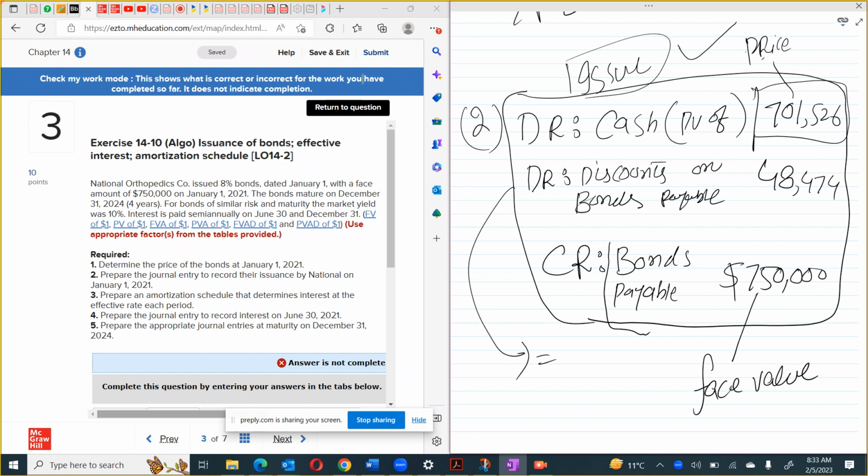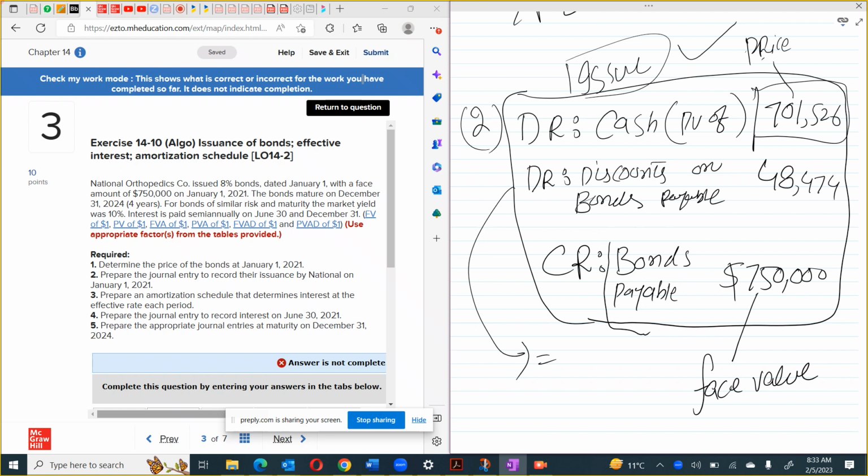Step 1 is the price of the bond, and this step is the same whether it is a premium or a discount bond. The difference between premium and discount is the amortization table, and the difference is in the amounts of entries.